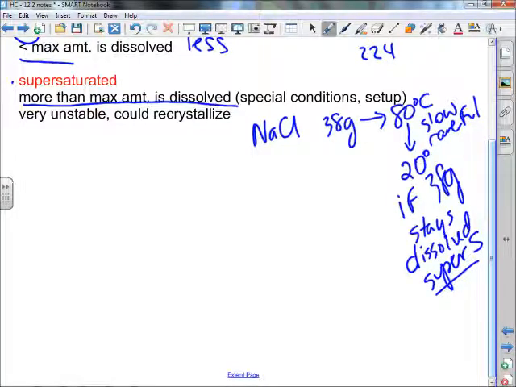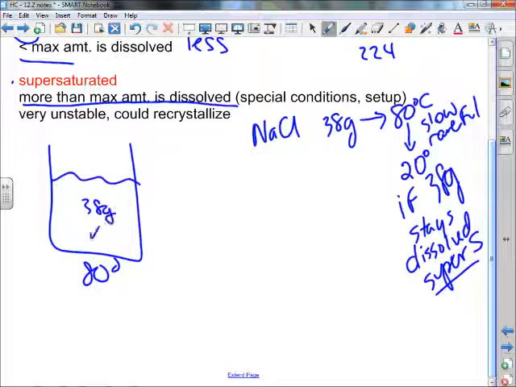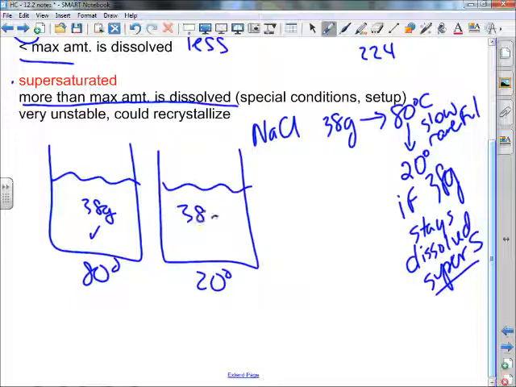But if we cool it back down and it recrystallizes, we no longer have a supersaturated solution. So we could be here at 80 degrees Celsius, we get 38 grams, we're good. We come over here, we cool it back down to 20 degrees, and if we still have 38 grams, then we are super.